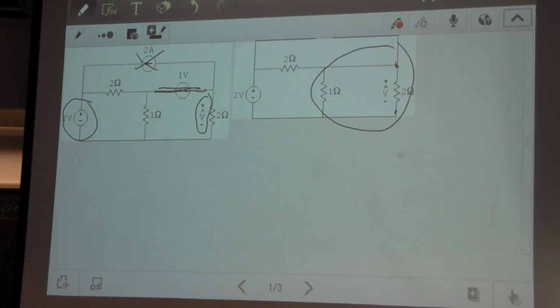It's not that obvious on the top, but there's a hole there, so there's nothing going up on the top branch because it's open. Those 2 are in parallel. If we simplify those 2 into a single resistor, the voltage is the same.